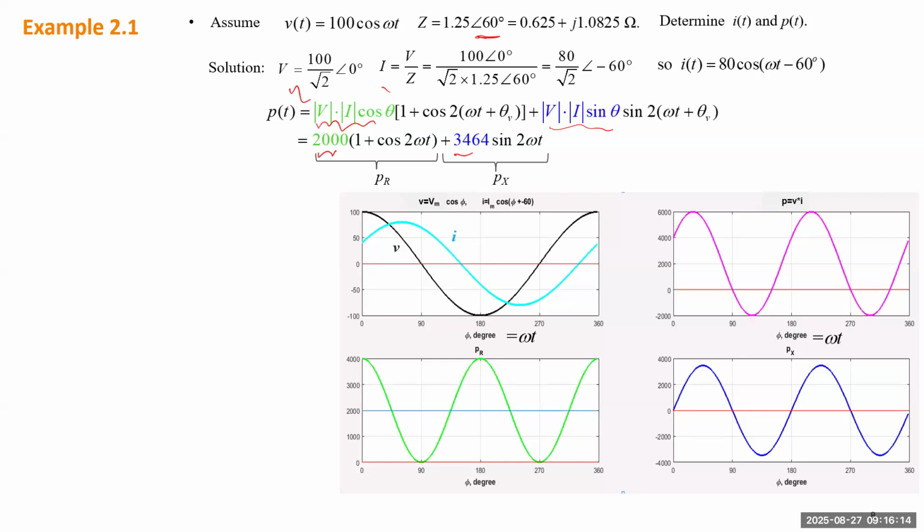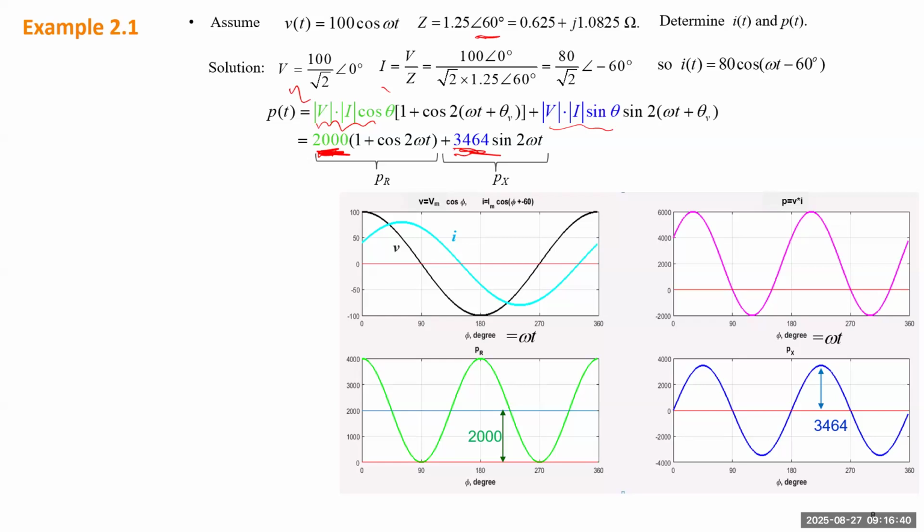For the first item, the average is 2000, which is exactly the value at the beginning of the first item. The second item has an amplitude, and if you measure it, it is 3464, the number at the beginning of the second item.